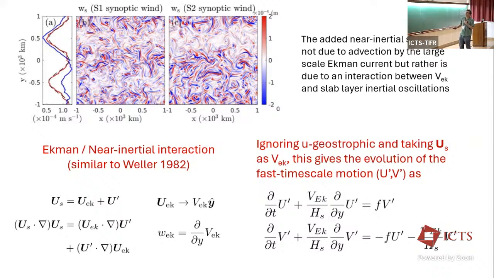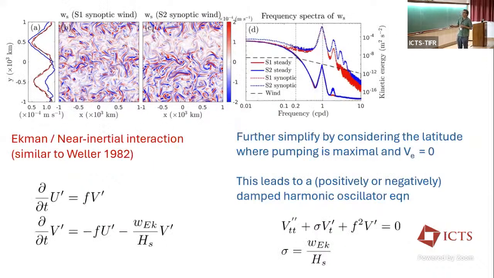I'm just simplifying my equations a little to explain this instability. And I'll simplify even further by considering this latitude here, where W is maximal, maximum downwelling, and the wind stress is 0. So V Ekman will go to 0 there, and my equations simplify.